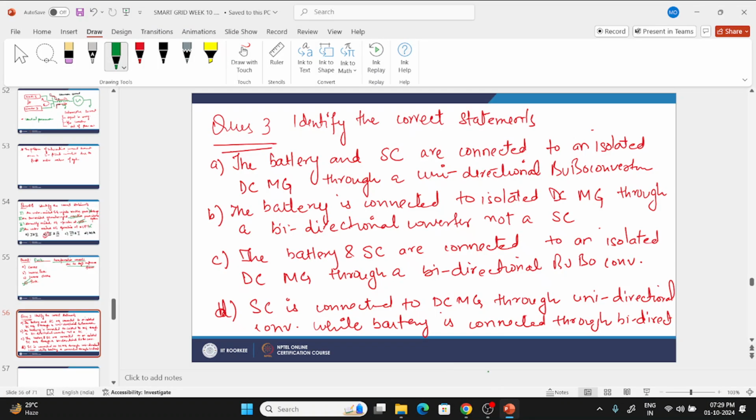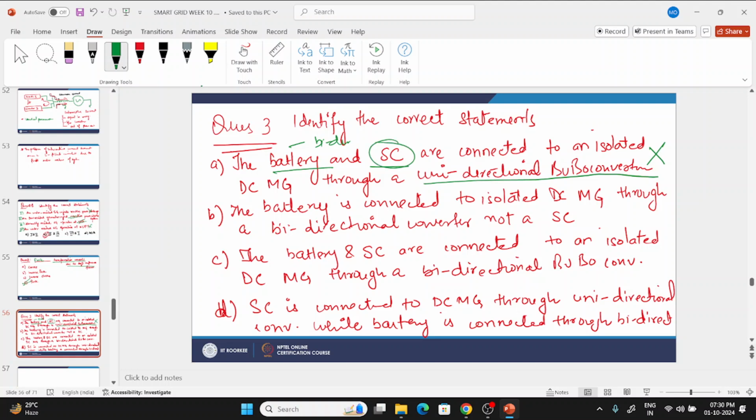Look, the battery and supercapacitors are connected to the DC microgrid. What is the first option saying? It is connected through a unidirectional buck boost converter. No, that doesn't happen. Why? Because I have just told you that a battery, whenever it is connected to any bus, has bidirectional power flow. Sometimes it gets discharged and sometimes it gets charged based upon the condition or the reference command. So it must be connected through a bidirectional converter.